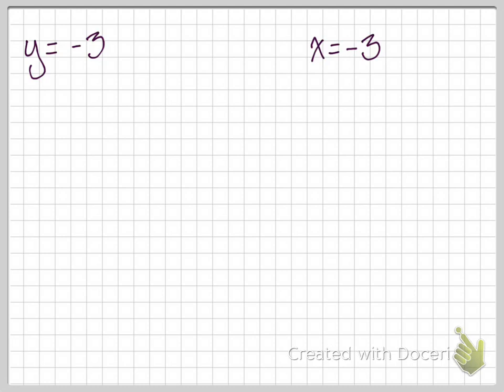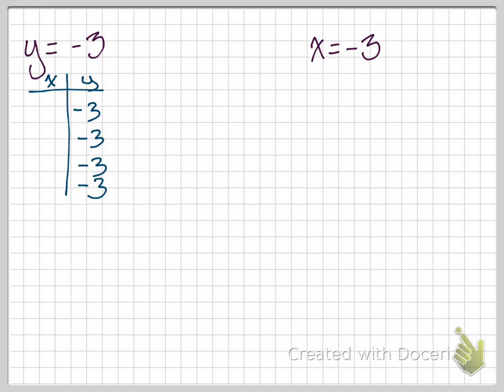So when I've got y equals -3, that means every single one of my y values is -3. Every single one of them. So if I did a table of values for y equals -3, so this is x and this is y, -3 would be on every single one of them, okay?